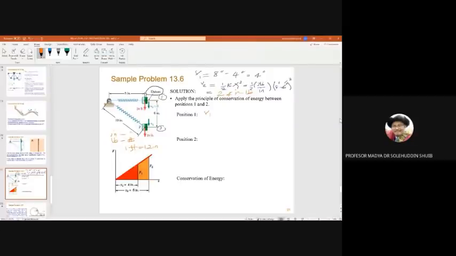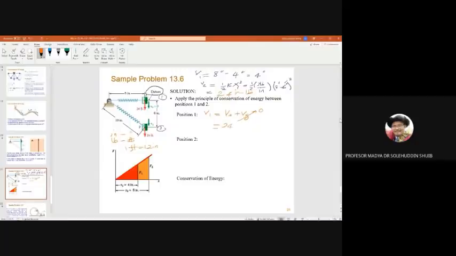V1 equal to VE plus VG. So we have here 24 inch-pound, and VG is 0.